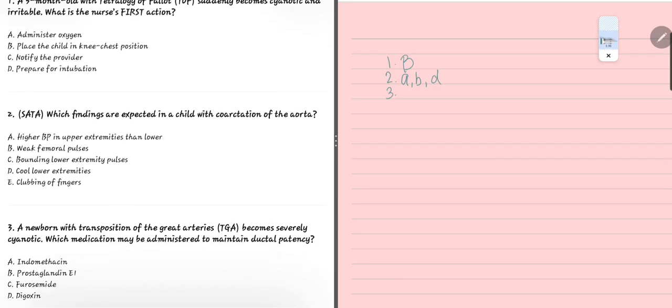Okay, 3. A newborn with transposition of the great arteries becomes severely cyanotic. Which medication may be administered to maintain ductal patency? A. Indomethacin. B. Prostaglandin E1. C. Furosemide. D. Digoxin.